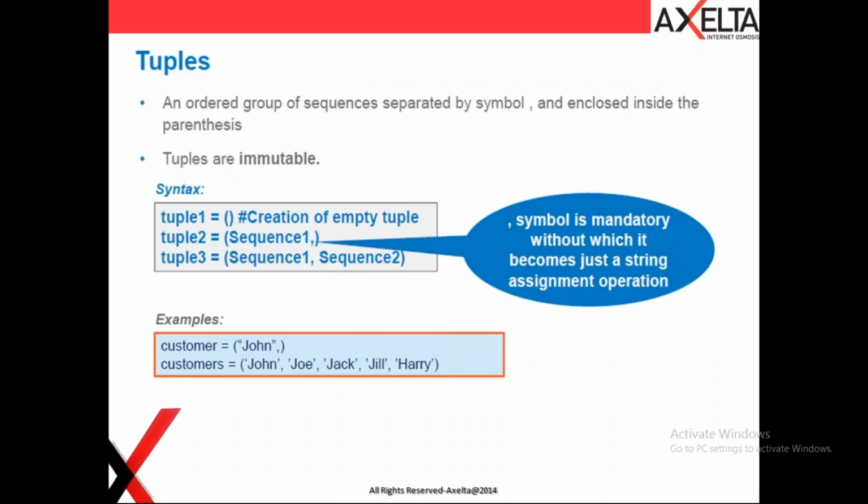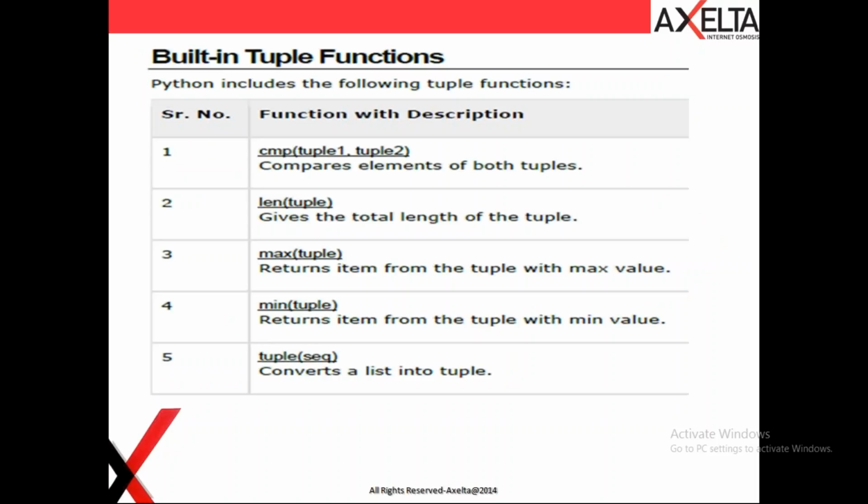So tuples are data structures which can store any kind of data. They are immutable. Immutable means once we insert the elements into the tuple, you can't modify them, they are fixed. Some of the built-in functions with tuple: you can compare two tuples, get the length of the tuple, get the maximum element and the minimum value in the tuple.